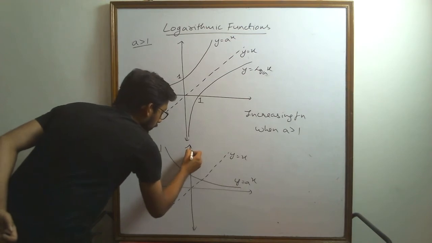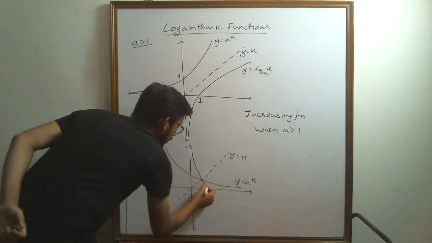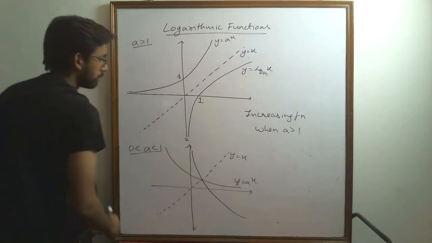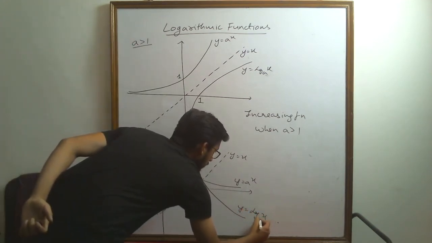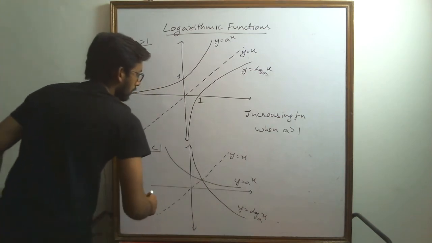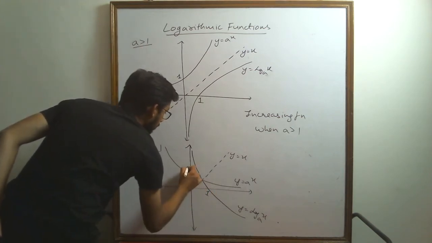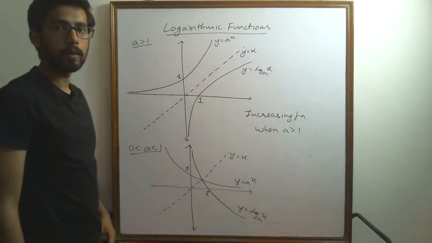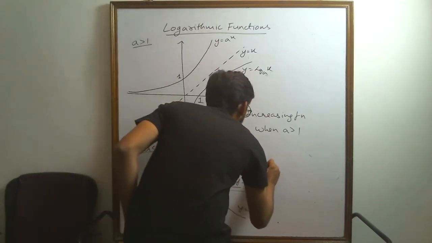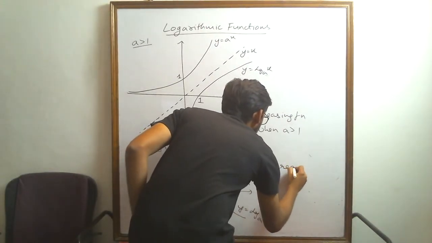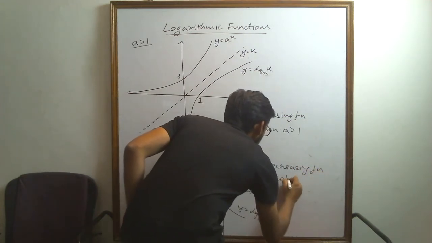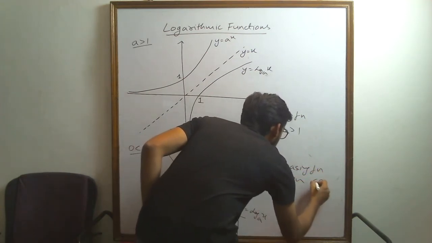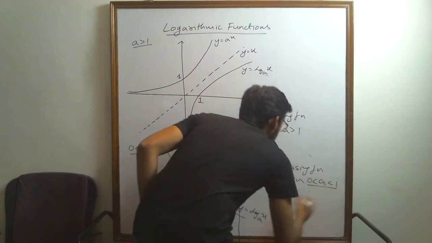So the graph of logarithmic function is this curve. This is a decreasing function when a is greater than 0 and less than 1.